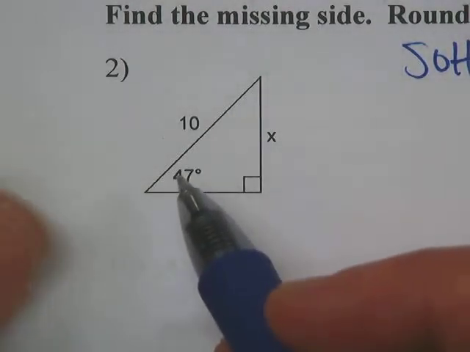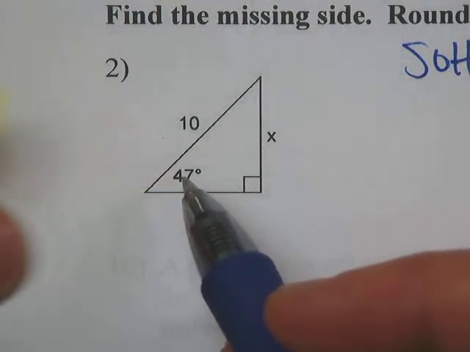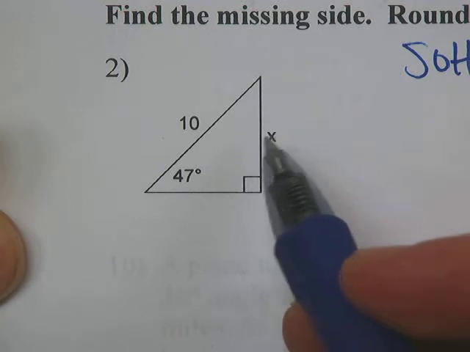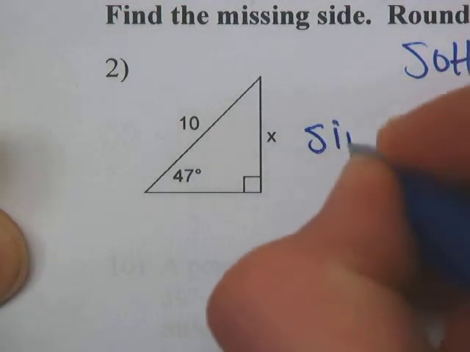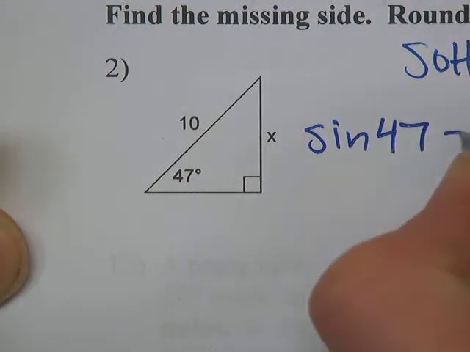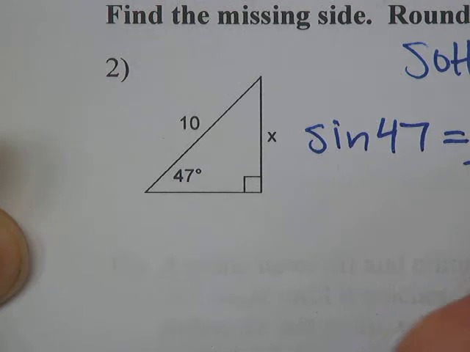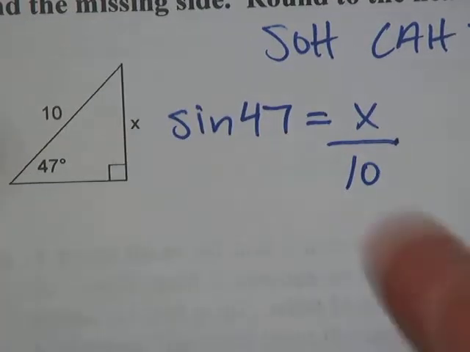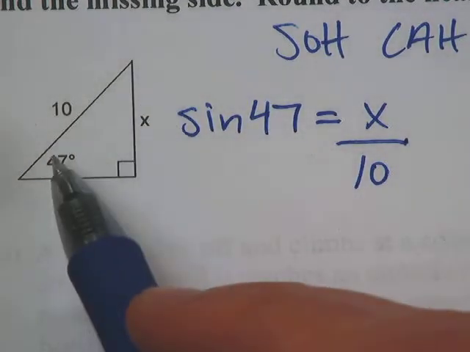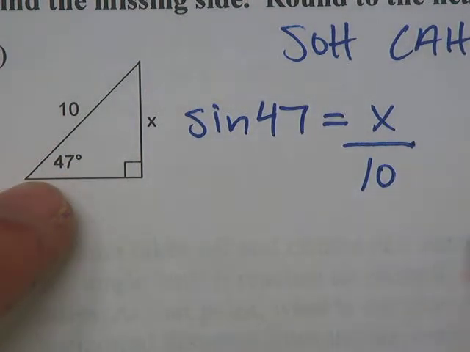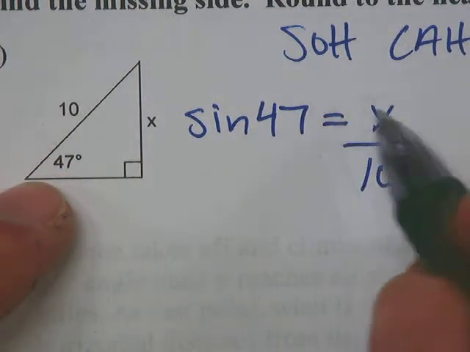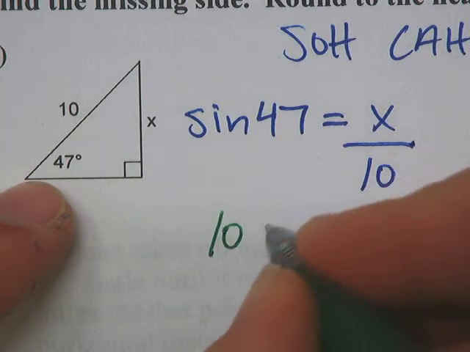So looking at this one here, from this angle I'm going to go through my options. From this angle, I have the opposite side and the hypotenuse. That is sine of that angle equals opposite over hypotenuse. And we've talked about this before.